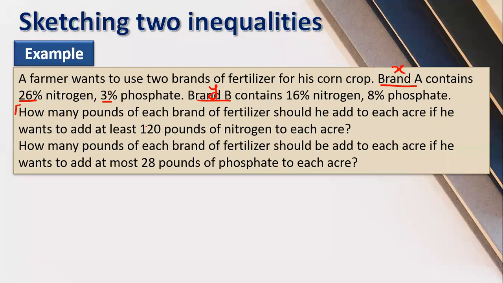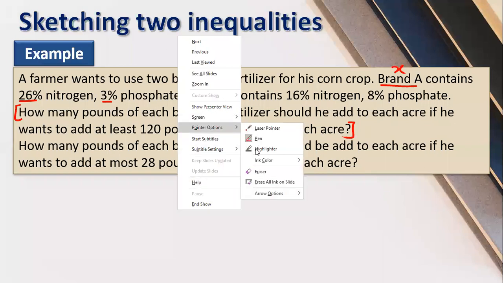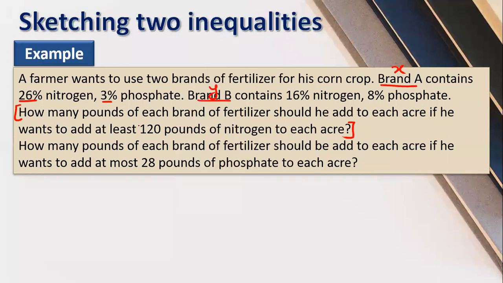Read this sentence. The first part of the question is: how many pounds of each brand of fertilizer should he add to each acre, which is the unit of area, if he wants to add at least 120 pounds of nitrogen?